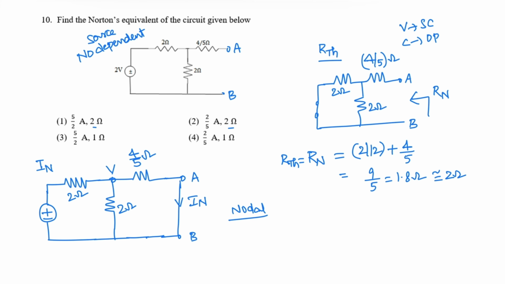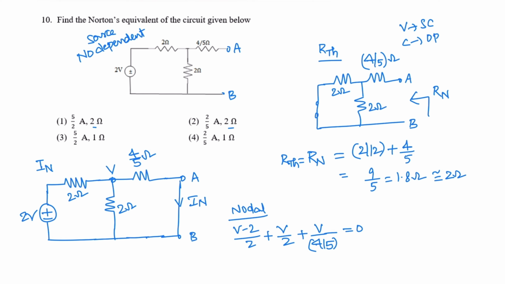Nodal analysis. Node equation is (V minus 2) by 2. So V minus the voltage here, which is 2 volts, so this (V minus 2) by 2, plus V by 2, plus V by 4 ohm, is equal to 0.